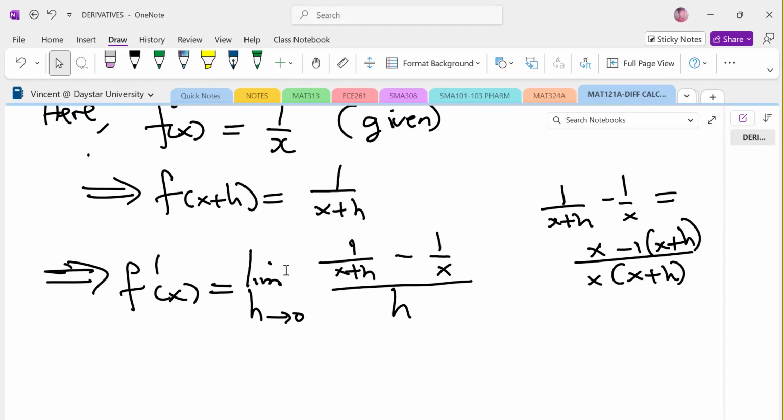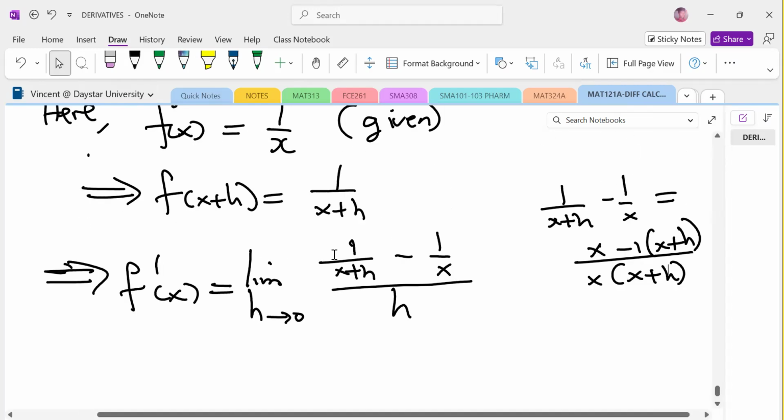This positive h. Is the h positive or negative? Positive. Do you agree?